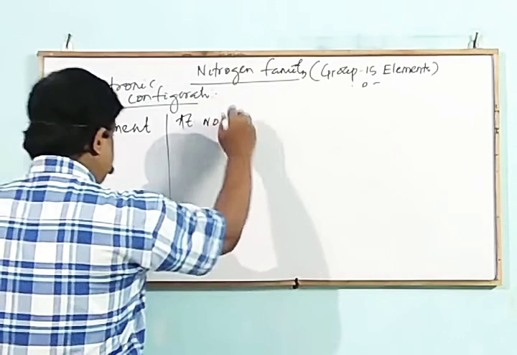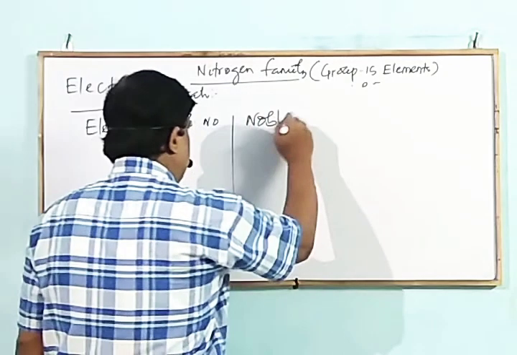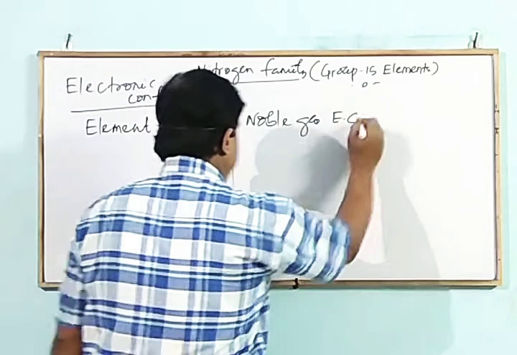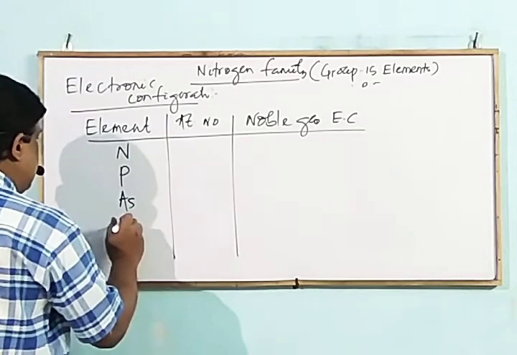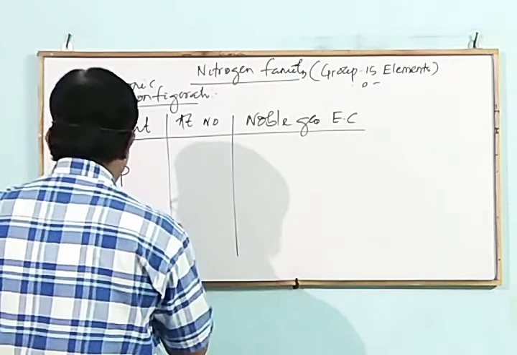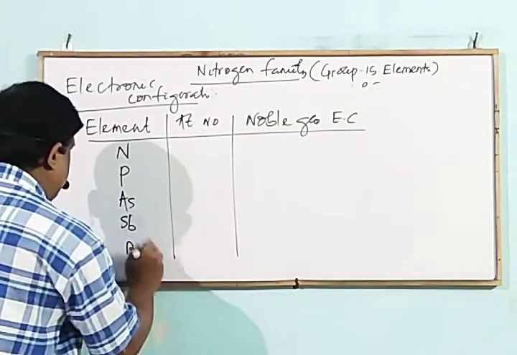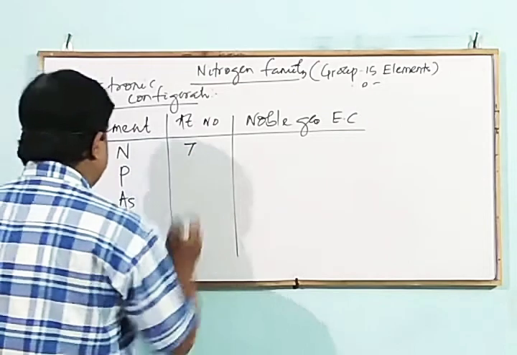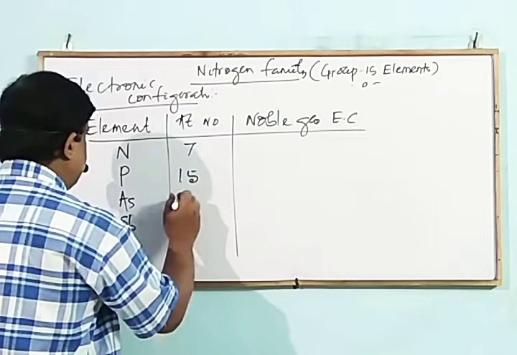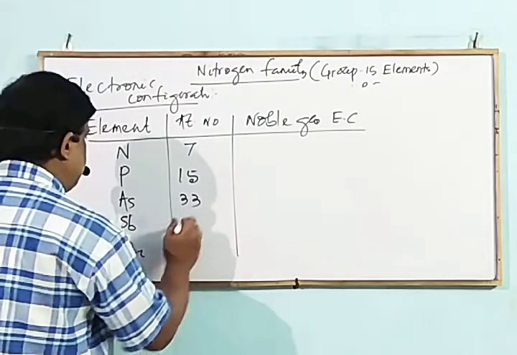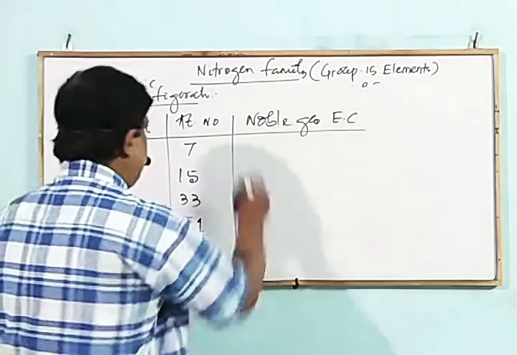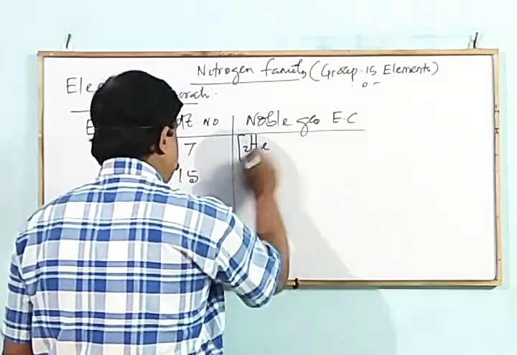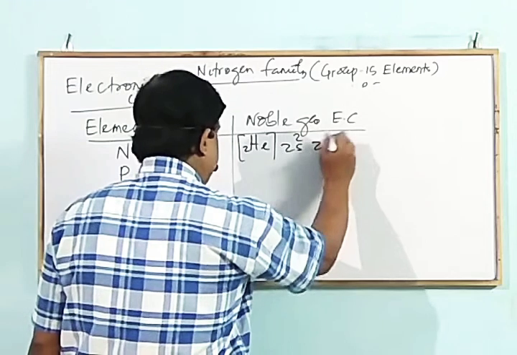that is known as element, atomic number, next noble gas electronic configuration. Nitrogen, phosphorus, arsenic, antimony, bismuth. Atomic number 7, 15, 33, 51, 83. Noble gas configuration helium 2, 2s2, 2p3.